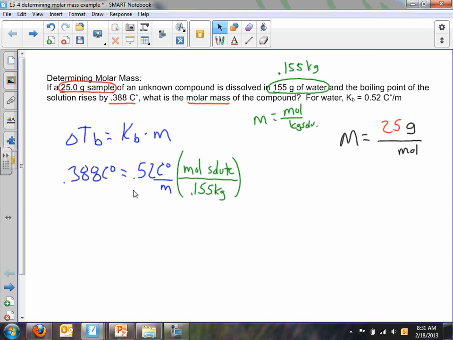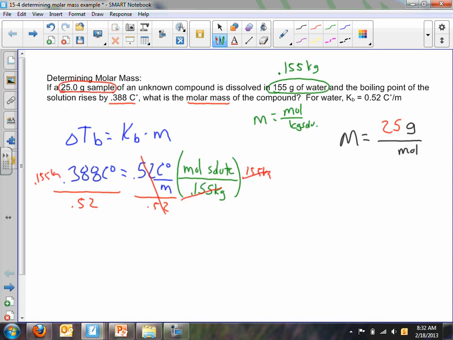And now I have a simple way of just finding the moles. What I need to do is take my 0.388 and divide that by 0.52 to get the 0.52 gone. To get rid of my 0.155, I need to multiply both sides by 0.155 kilograms.